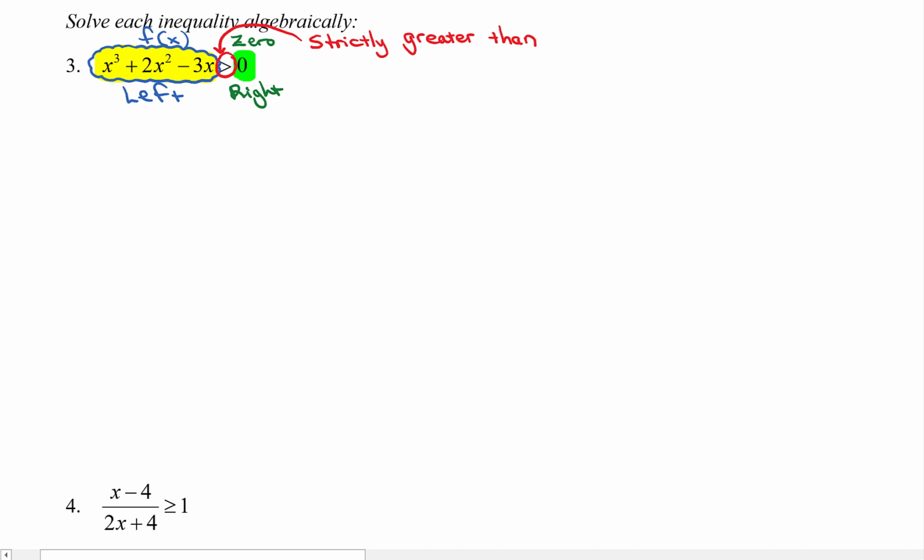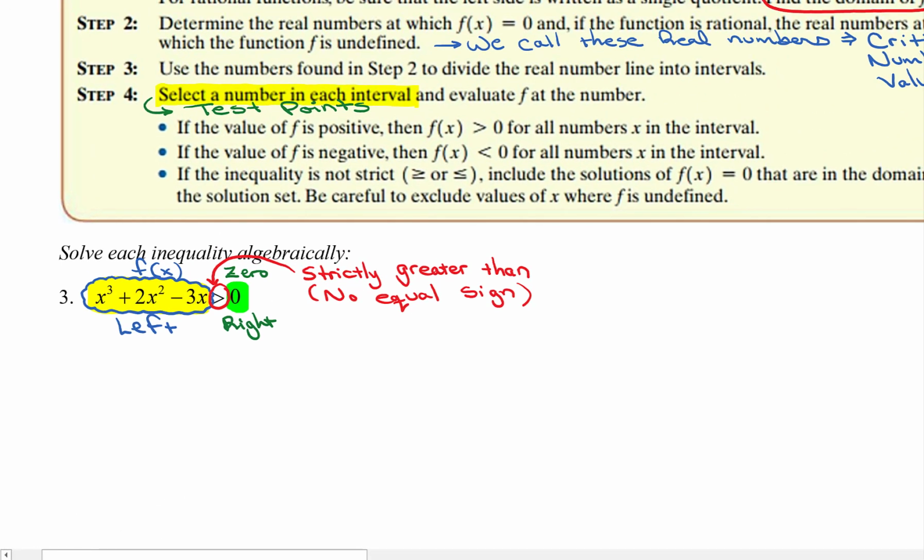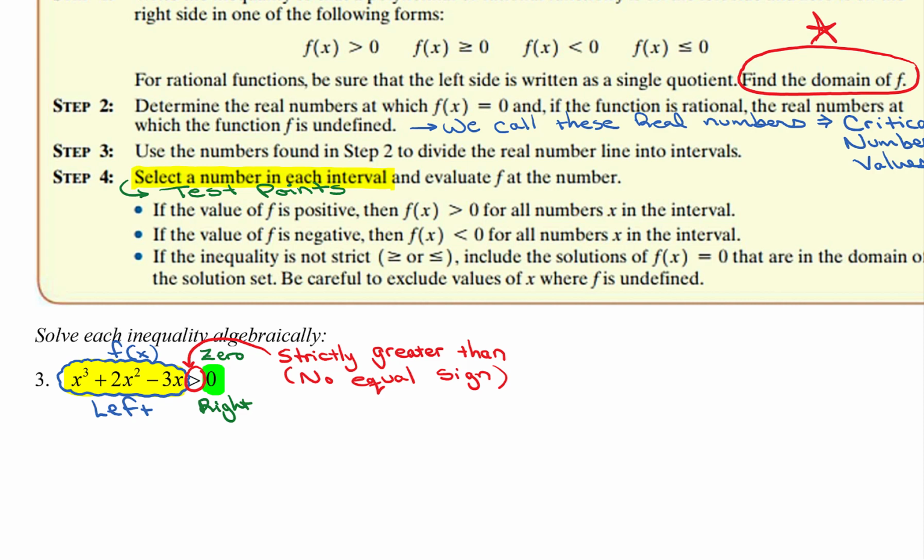So our first step is we're going to find our critical numbers, right? In order to find the critical numbers for this, we're going to take the f of x portion and set that equal to 0 to find the critical numbers. Now this is a polynomial function, okay?